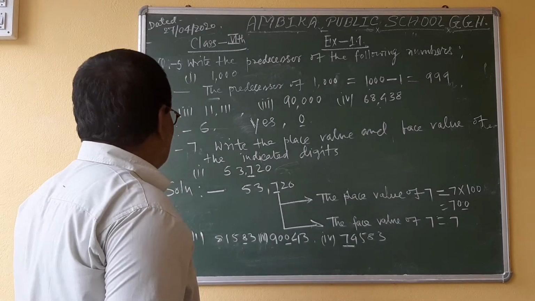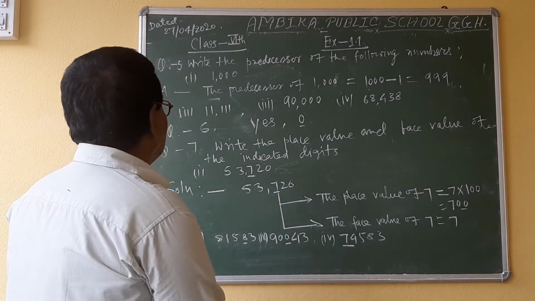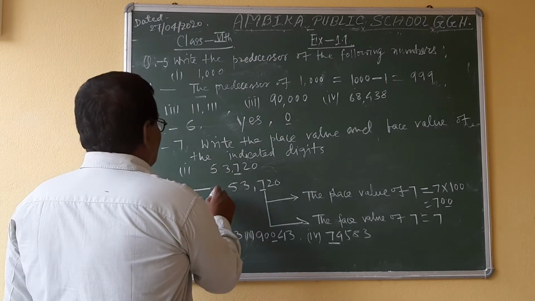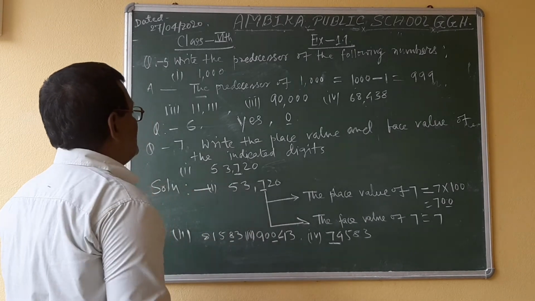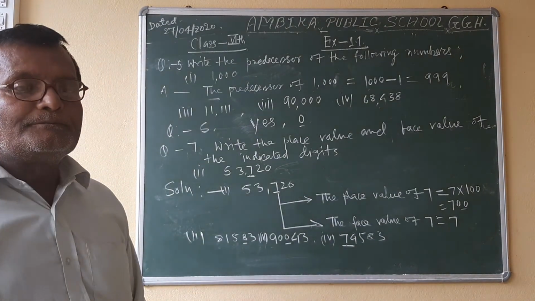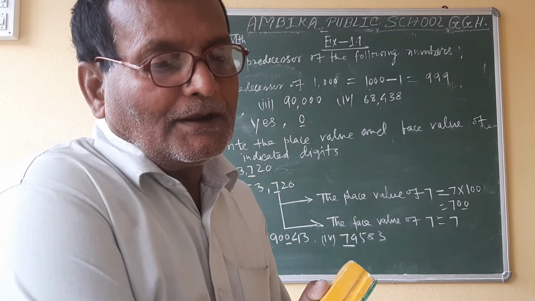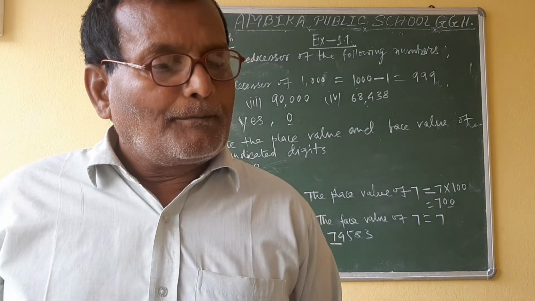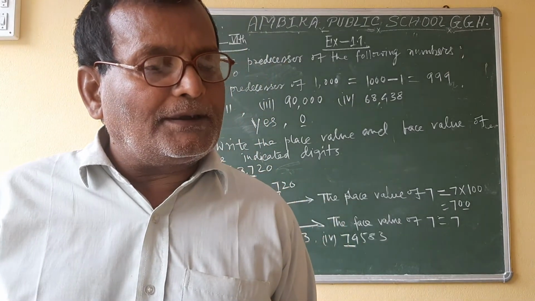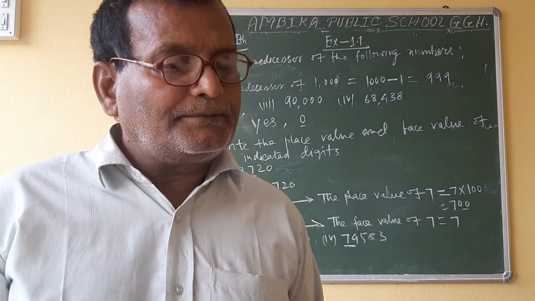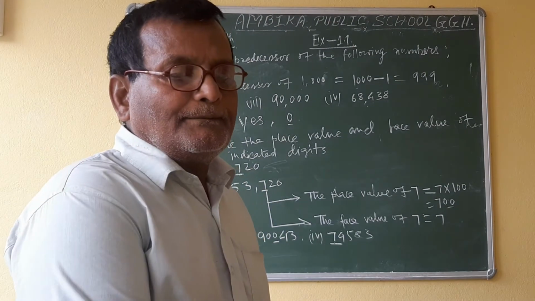I wrote these questions for you. Do the same as the one number question. So at first you multiply, and then after multiplying you add.